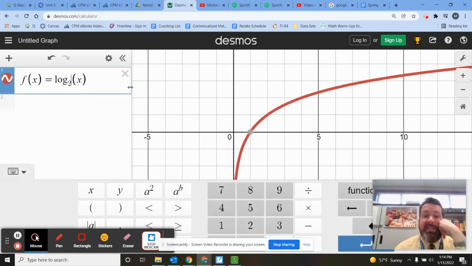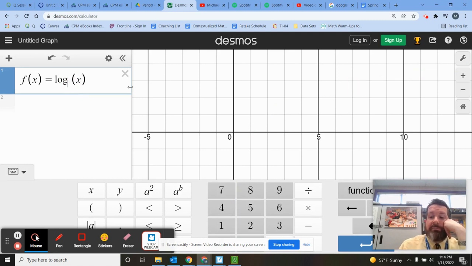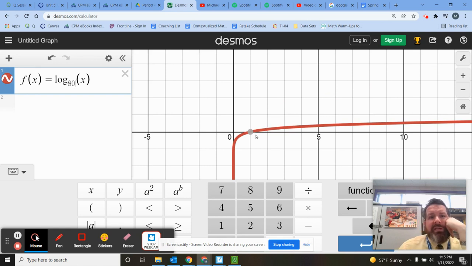Do some experimentation. Change the 2 to a different number. If we go like a 3 or a 5 or an 8, there are some similarities between all those different graphs and also some differences. I'd like you to do a little experimentation.